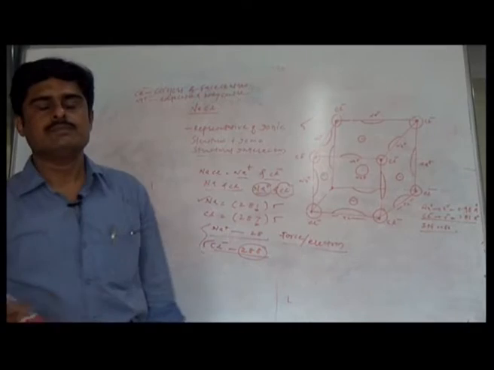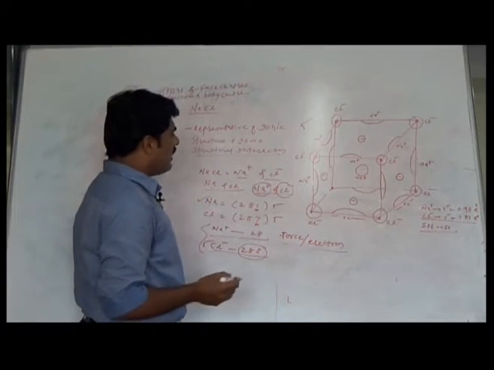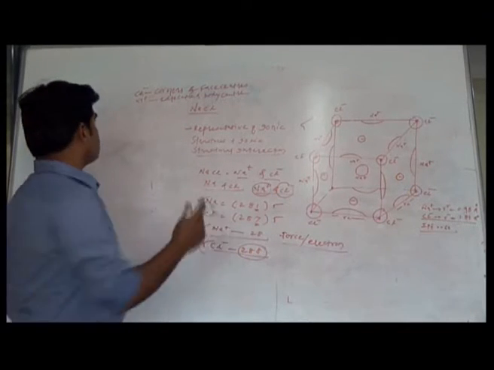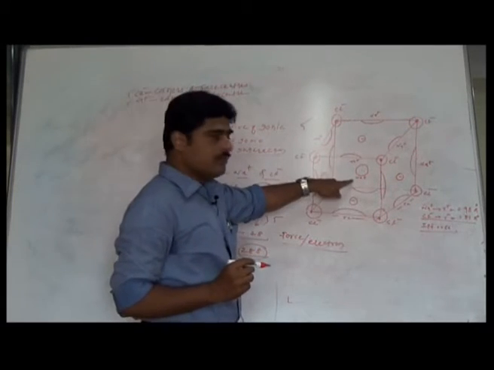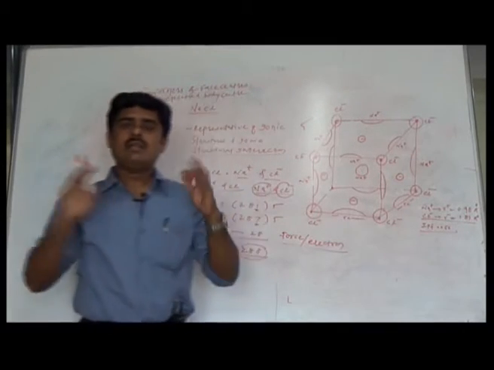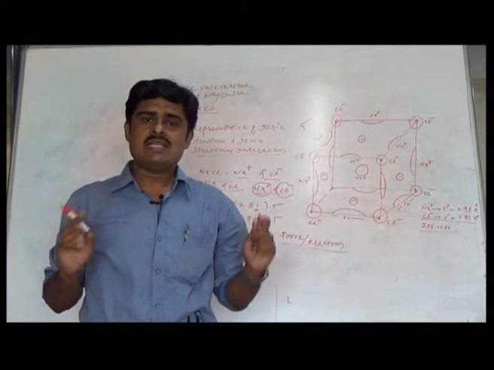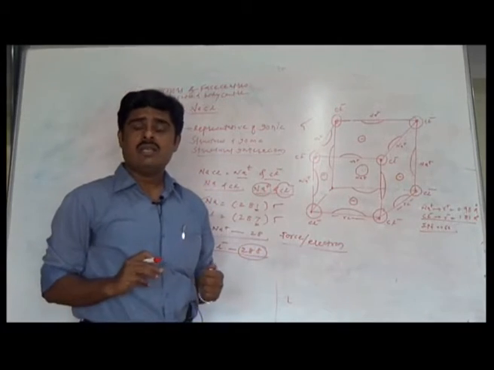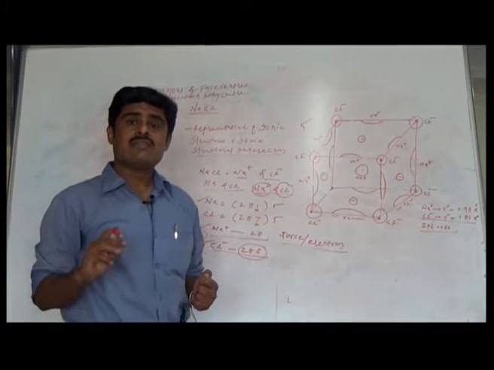Something more to explain here. Now if you just see here, the contribution, if you count in totality, of the states of Na plus and Cl minus, we have one atom which is Na plus at the body center, and you will find all the reference books citing you the reason that NaCl, sodium chloride, is not a BCC structure, it is an FCC structure.